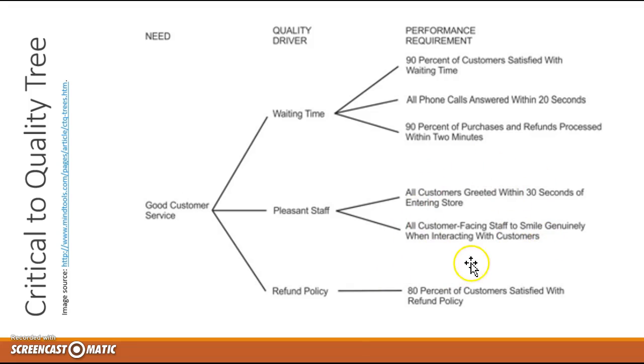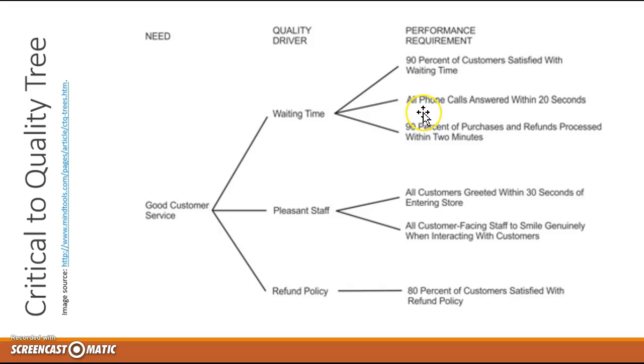Those 2 specifications or performance requirements that are measurable translate into pleasant staff. Finally, looking at the quality driver refund policy, we only have 1 performance requirement or specification associated with that, and that one is 80% of customers are satisfied with the refund policy. We could probably dig deeper on this one if we wanted to.